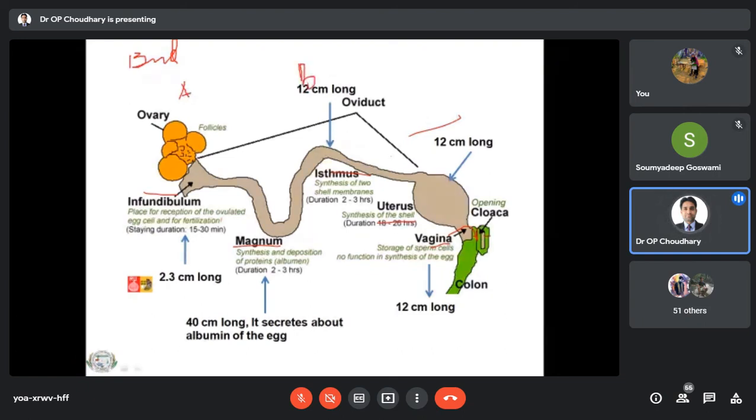This oviduct usually consists of 5 parts. The first one is the infundibulum, second is the magnum, third is the isthmus, fourth is the uterus, which is also called the shell gland, and fifth is the vagina. Anything you want to ask in this one? Or do I have to repeat everything?